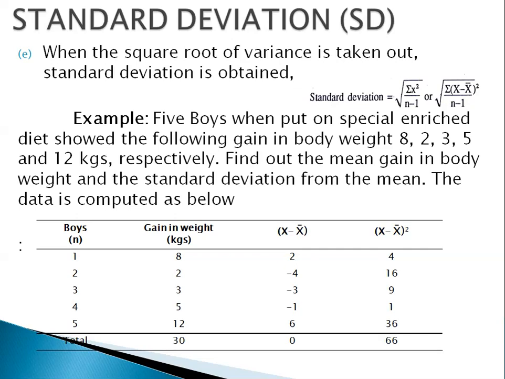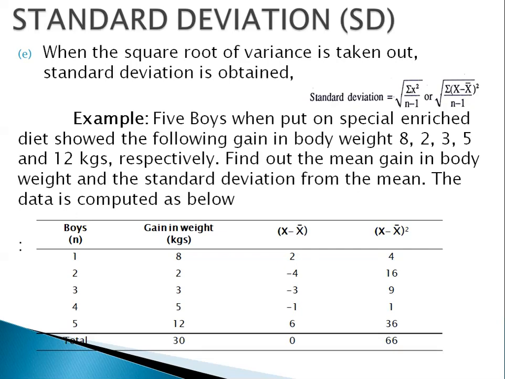For solving this, we will take one example. Consider that 5 boys, when put on a special enriched diet, show the following gains in body weight: 8, 2, 3, 5 and 12 kg respectively.